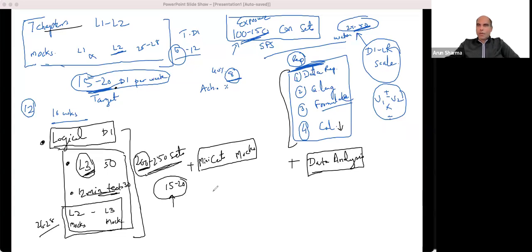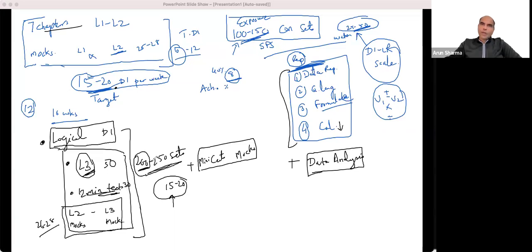Just like in quants, I've mentioned that whatever set you're not able to solve, you keep a time limit of how much time you want to use for trying it. And after you finish that, if you're still not able to solve it, you move on to the next set.